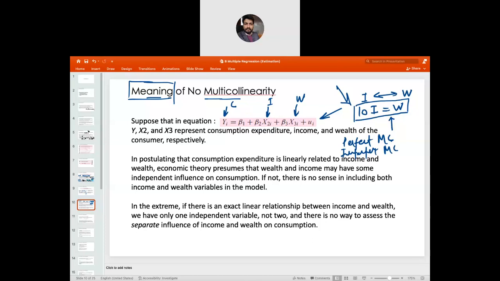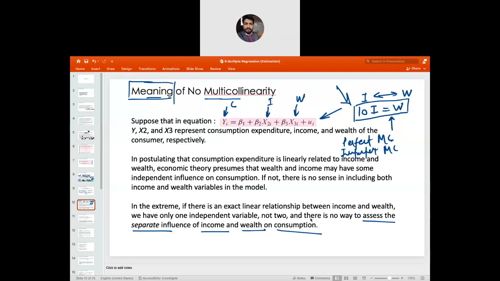We need this assumption because if this is true, 10I equals W, then we will not be able to assess the separate influence of income and wealth on consumption.